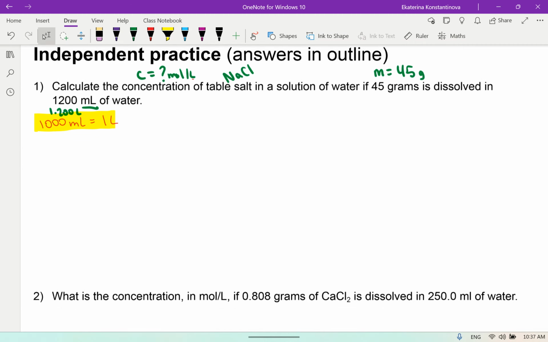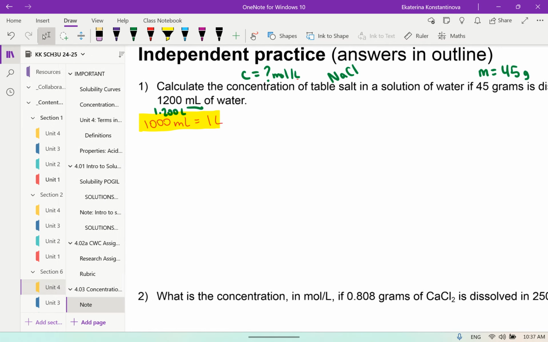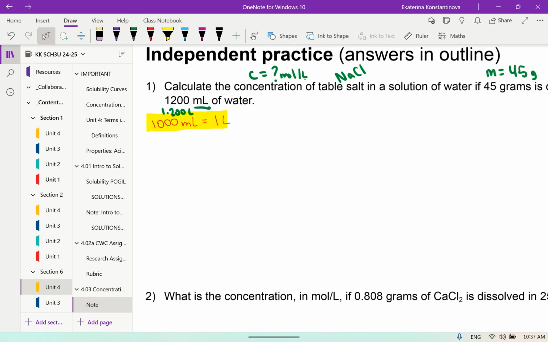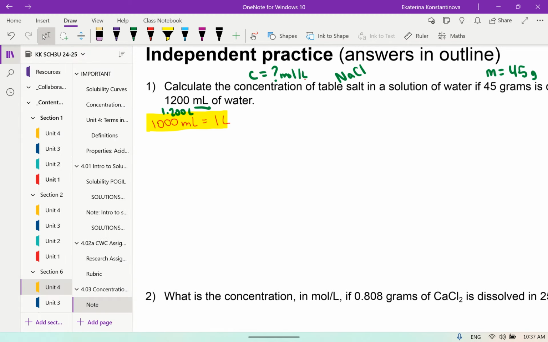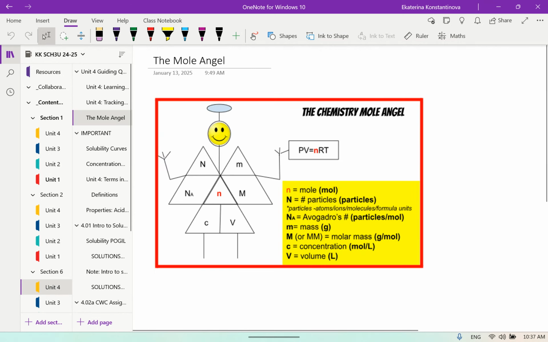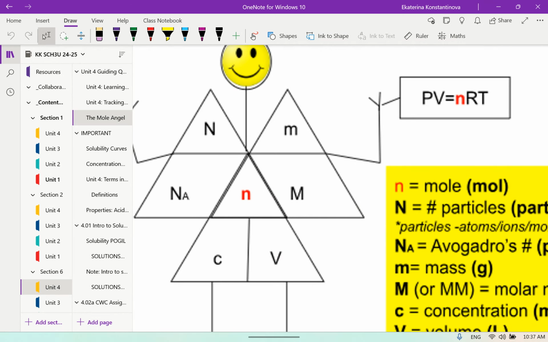So we need to figure out, which formulas are we going to use in order to get our concentration? Now we're given grams. We can't just go directly from mass all the way to concentration. Now looking at our mole angel, if we know our mass, we can use this triangle to solve for moles.